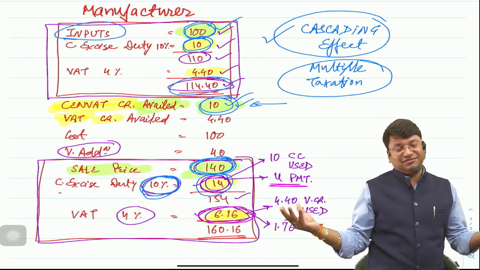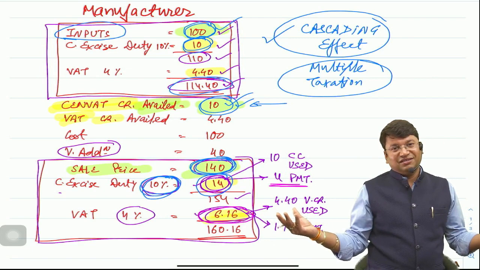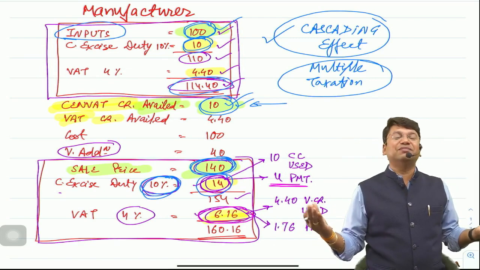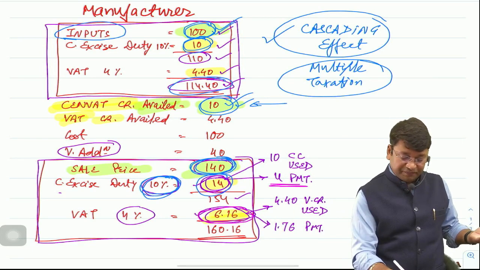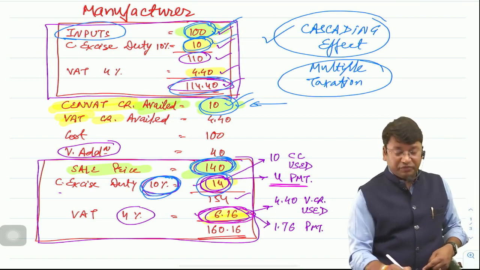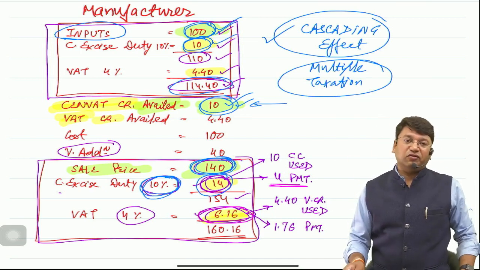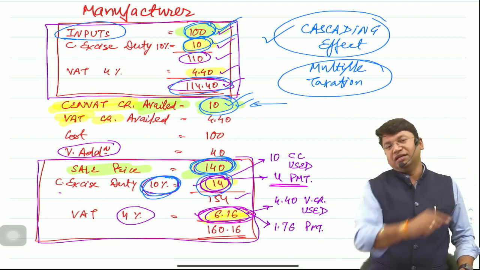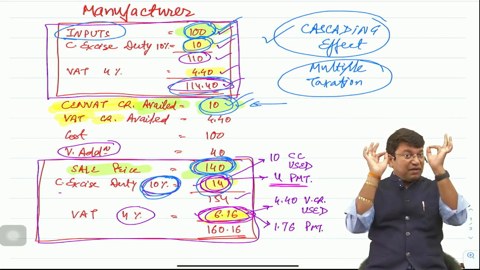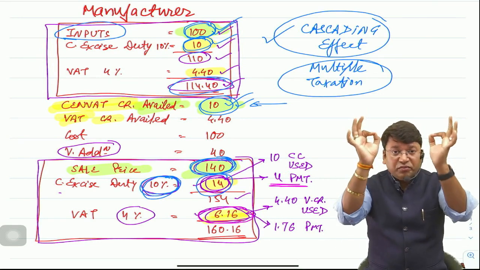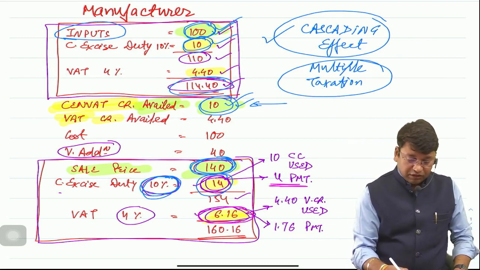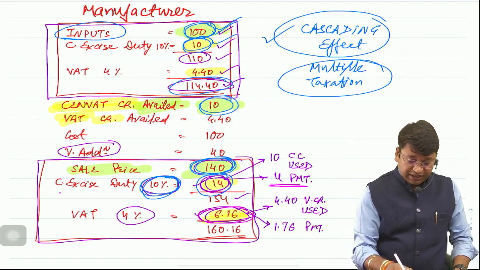And sir, if credit was not allowed, then multiple taxation would have been there on rupees 100. Cascading effect would have been there on rupees 10. That's why credit of rupees 10 was allowed. I repeat, sir, I'll summarize it. My point is why the credit of rupees 10 is allowed.